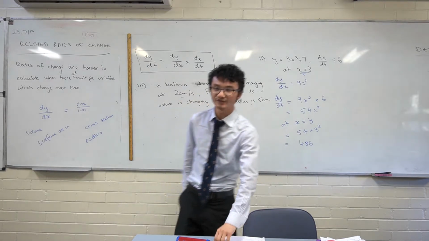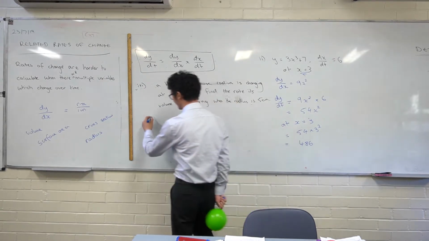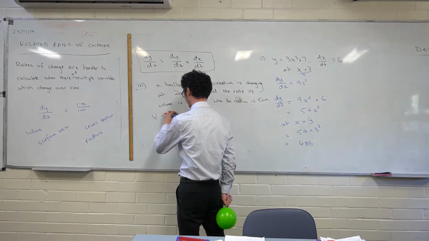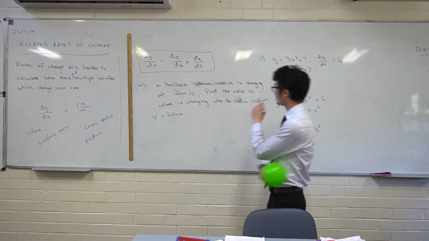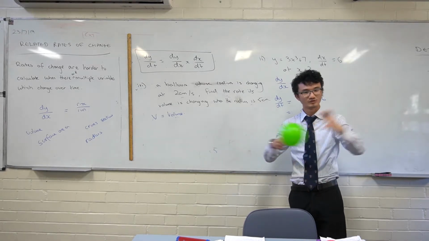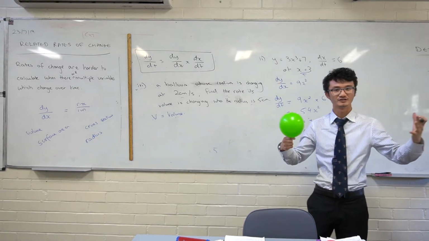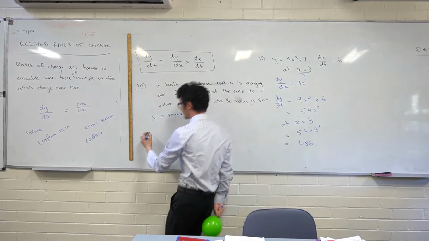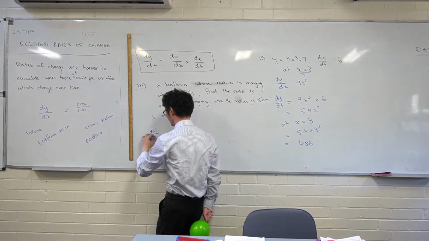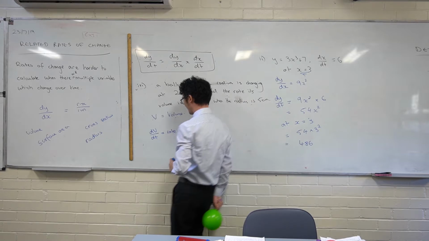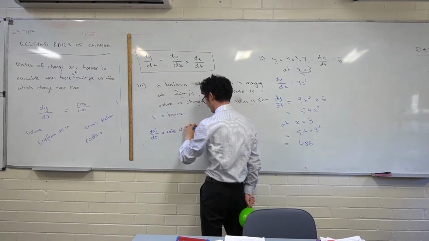If you think about it, right, we've got this variable V, the volume. If we want to think about the rate as the volume is changing, well, how is the volume changing? It's changing over time, right? So we can think about that as dV dt, the rate at which the volume is changing over time.